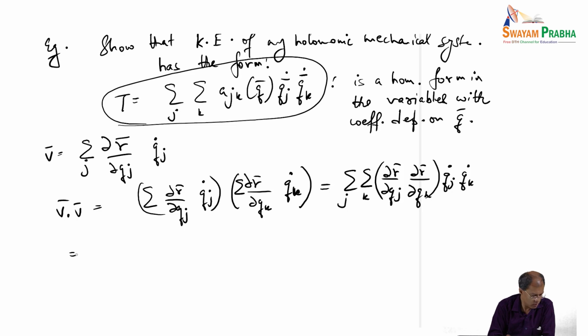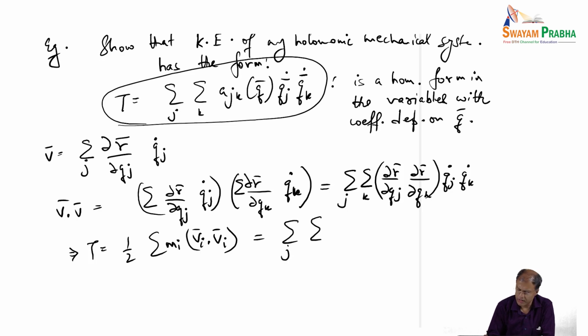And now if we were to write the kinetic energy, this is going to be half summation mi v dot with v, and we have that this is going to be the form we were searching for. This is coming out to be ajk qj dot qk dot.